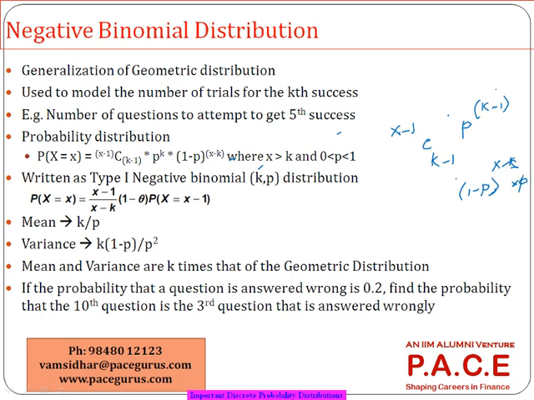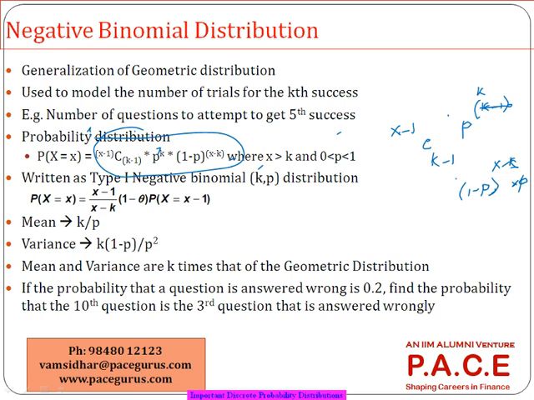So here the power becomes p power k, because you are multiplying p power k minus 1 by p. So it becomes p power k, 1 minus p power x minus k. So that is where this formula is coming from. For the xth attempt to be your kth success, you use this kind of formula.